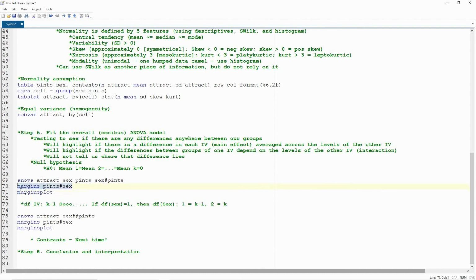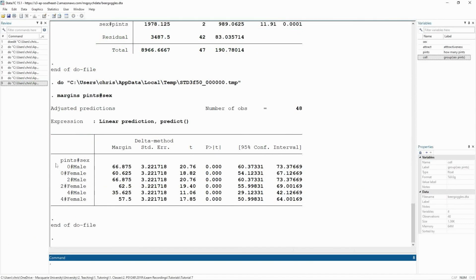Now this is a post estimation, so what that means is this has to follow something like an ANOVA or a regression. Now we've already seen these means before. You can ignore these T's and P's. Don't even pay any attention to them whatsoever. They're simply asking, is each value different to 0, and that is a meaningless test for us. We're just looking at the marginal means.